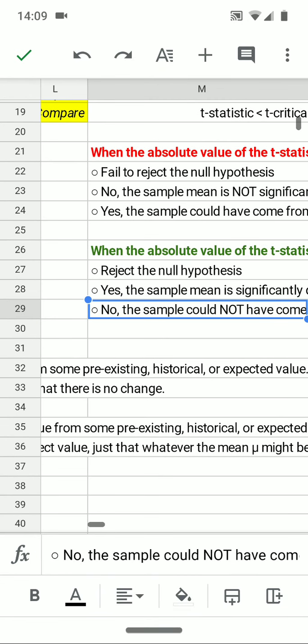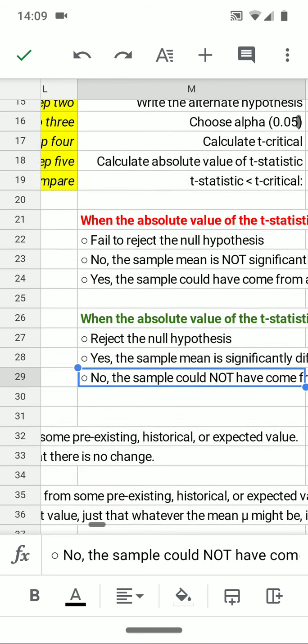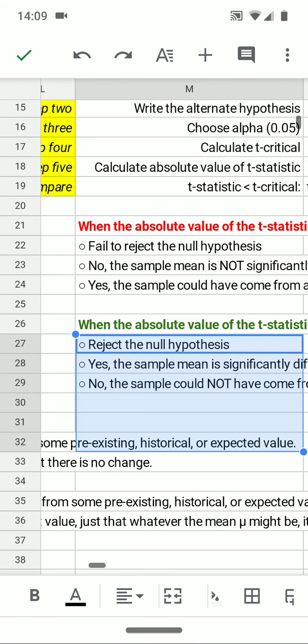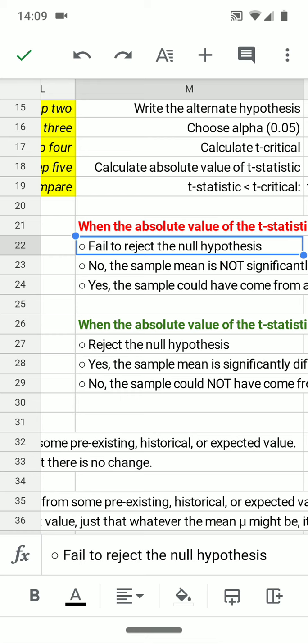Again, these are covered in the textbook. So our result here would be to fail to reject the null hypothesis. There's a double negative in there. That's the way statisticians talk. We didn't prove that the null hypothesis was true. We simply failed to find evidence sufficient to reject the null hypothesis.